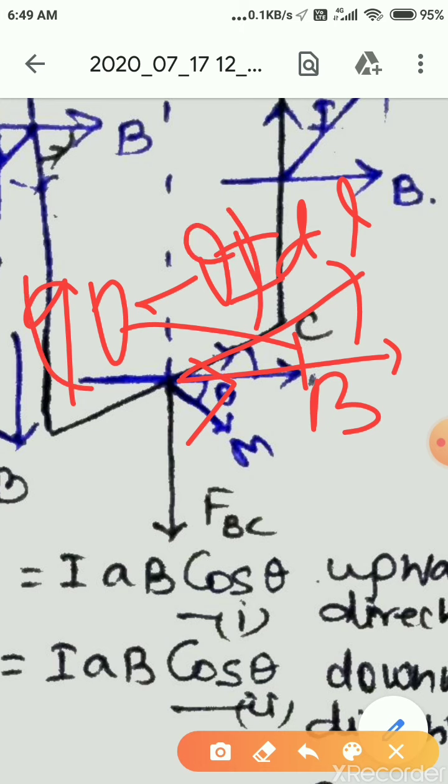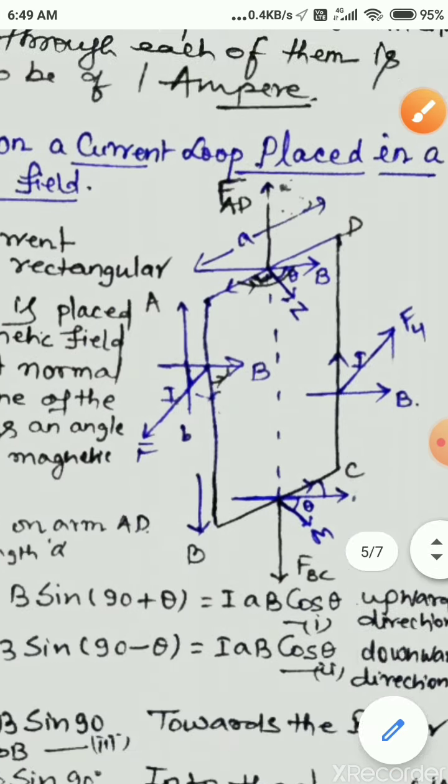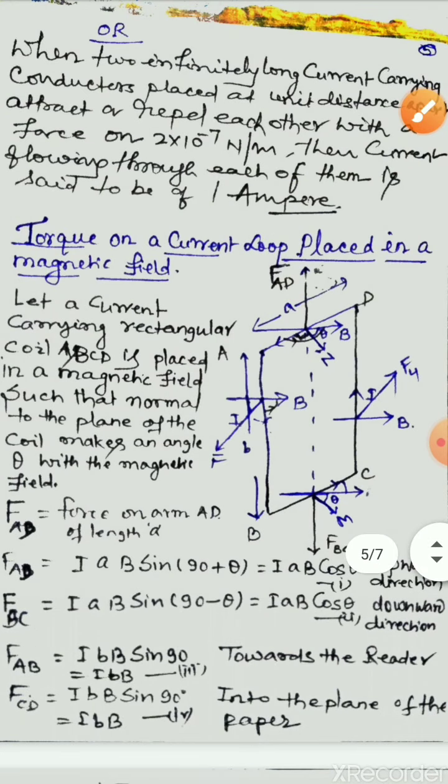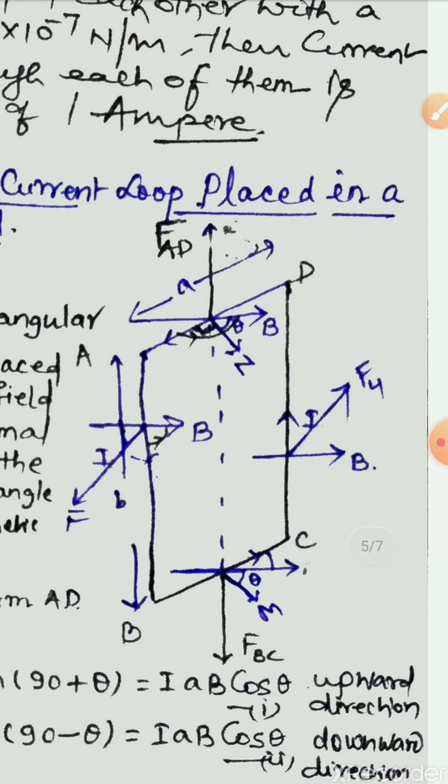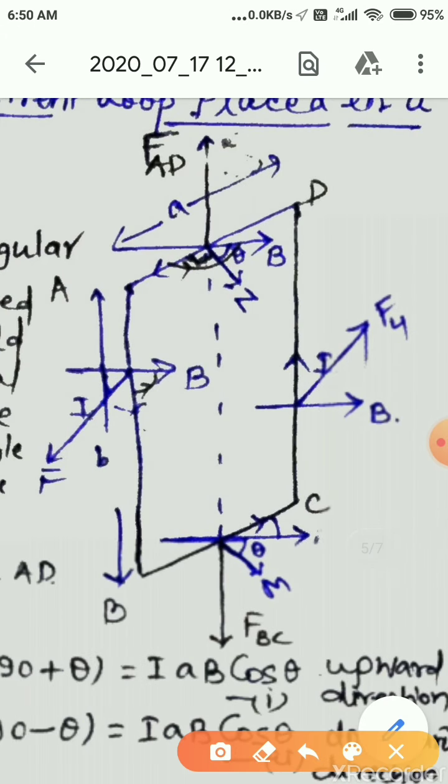So the value of force is I a B sin(90 minus theta), which is equal to I a B cos theta, and using Fleming's left hand rule or the cross product rule, we can find out the direction of this force.